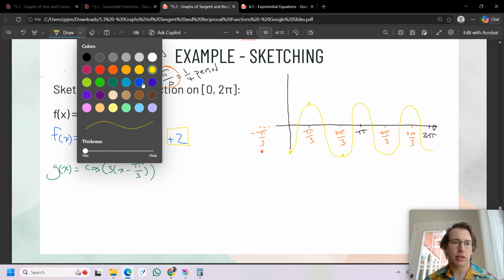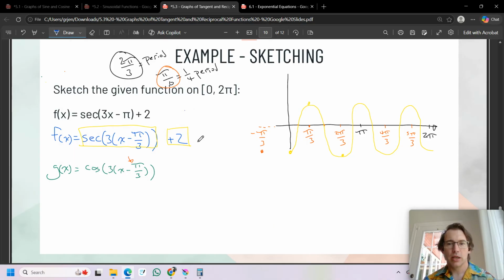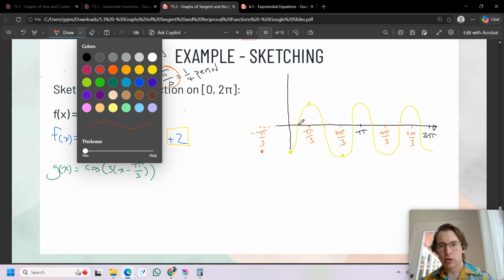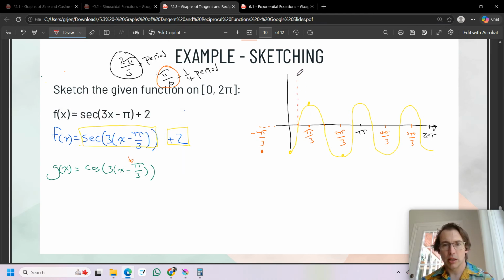So let's go ahead and choose a color that we're going to do this one with. So secant, we're going to have our, let's get out our asymptote pen first. We'll put our asymptotes proudly where they belong, at pi by 6.